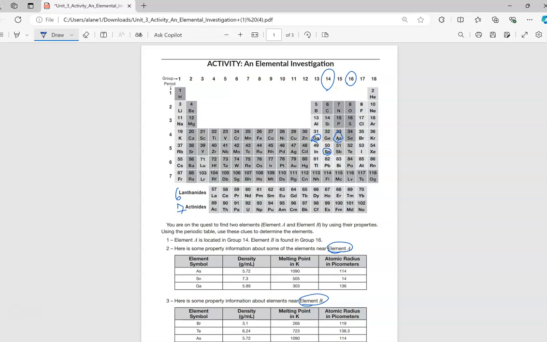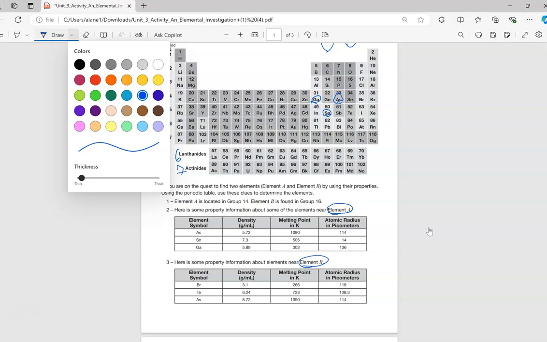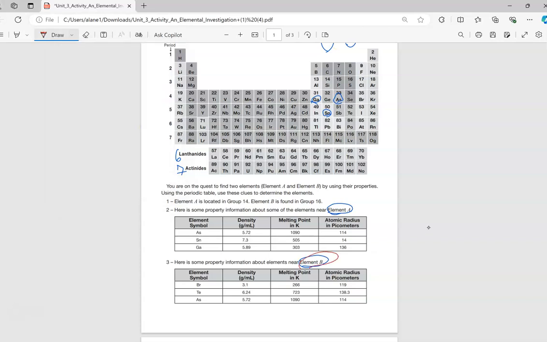And then it says here's some property information about elements near element B. I'm going to change colors. So element B is found in group 16, and some elements near it would be bromine, tellurium, and arsenic as well.